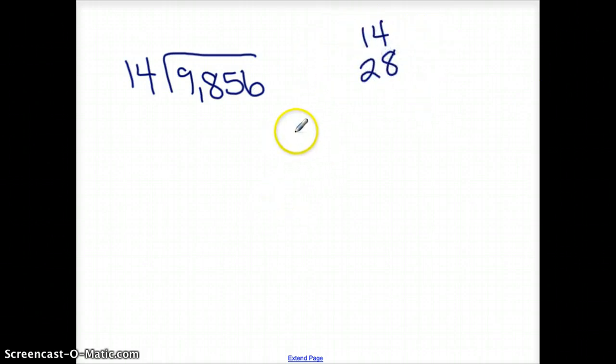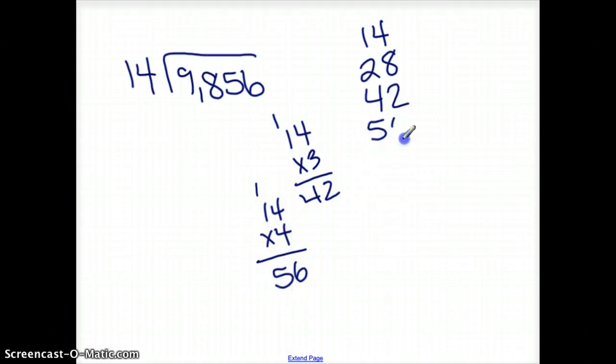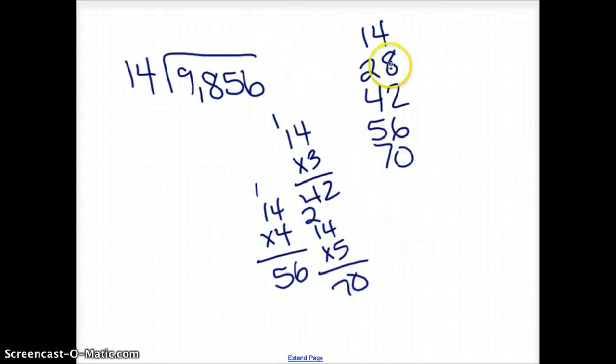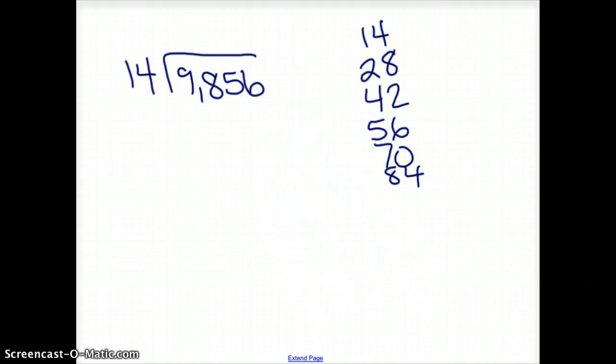Okay, now I don't know what 14 times 3 is, so I'm going to do that. That's 42. 14 times 4. It's 56. 14 times 5. That's 70. 14 times 6. 4 times 6 is 24. That's 84.